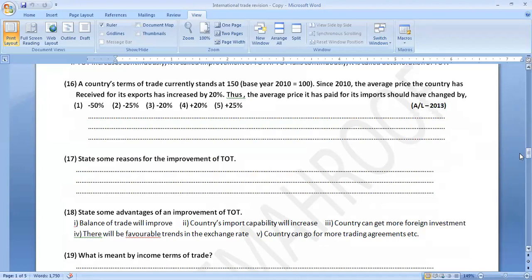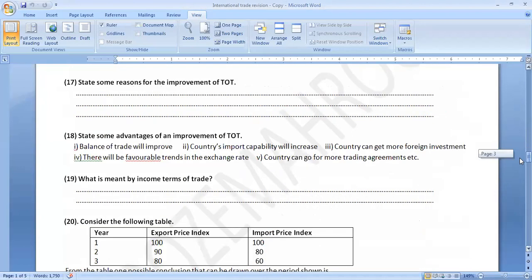Then see question number 18. State some advantages of an improvement of TOT. If the terms of trade increases in a country, what are the advantages we have? See, the balance of trade will improve. You will learn about the balance of trade in the balance of payments. Country's import capability will increase.